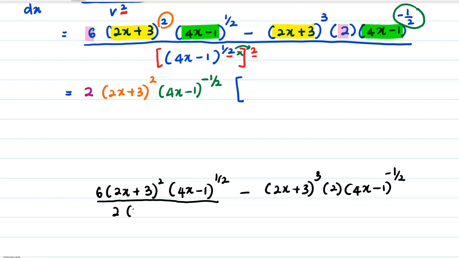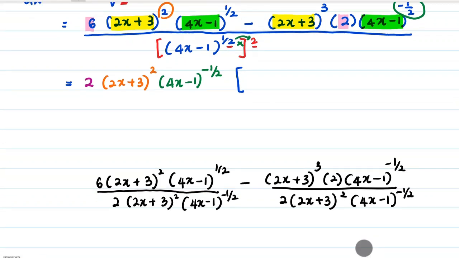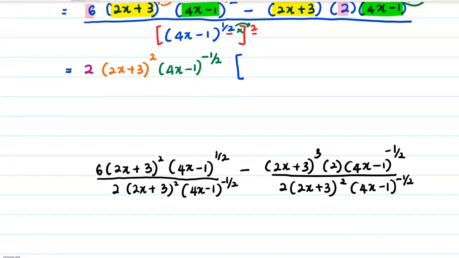So our factor is 2, 2x plus 3 squared, 4x minus 1 to the power of negative 1 over 2, on the left side and the same on the right side. So this one we can simplify: 6 divided by 2 is 3. So this one cancels, and for this one we have 1 over 2 minus negative 1 over 2.